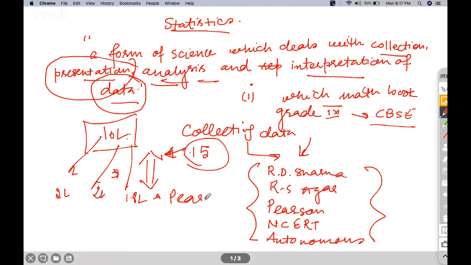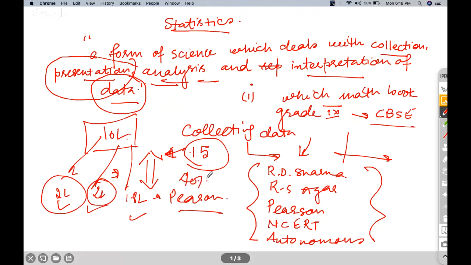I'll do the filtering of data and then make a chart. The interpretation of the data is that the most people are studying either R.D. Sharma or R.S. Agarwal. 40% of people are studying R.D. Sharma and R.S. Agarwal. Very few people are studying the autonomous board book and all those things.